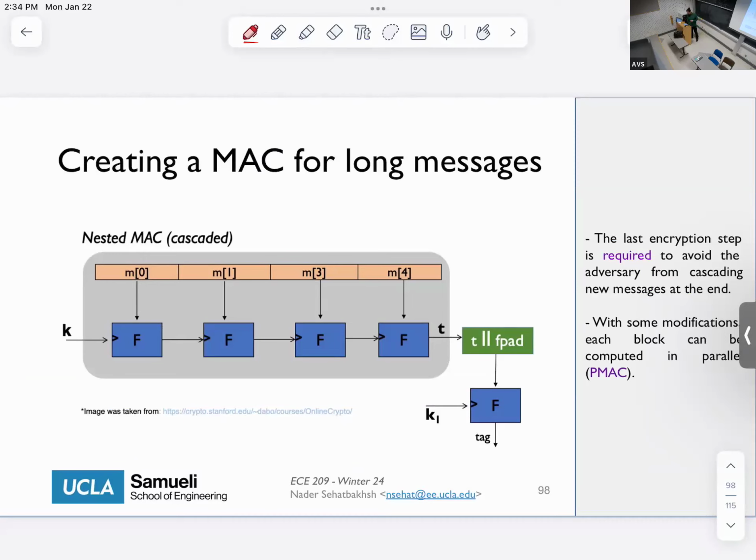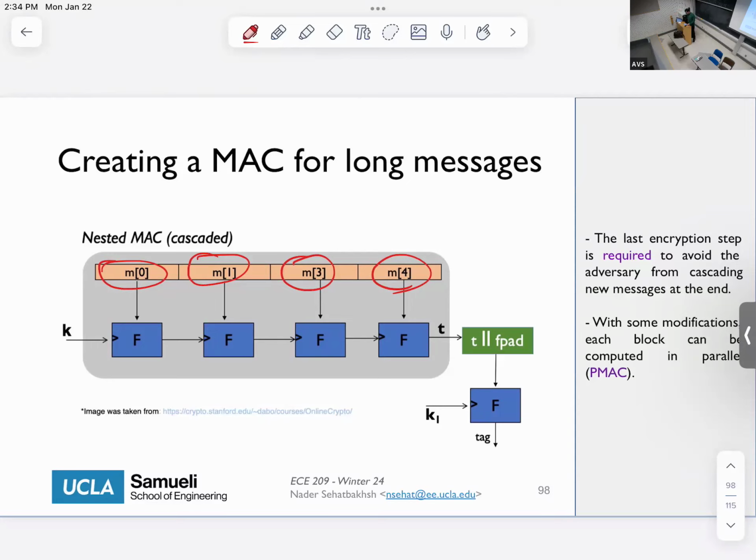One way we do this is what we call nested MAC, NMAC, or cascaded MAC. The idea of cascaded MAC is this: let's say I have multiple blocks of message that I want to compute a tag for. I don't need to send a tag for each one. What I can do is treat them as just one giant message and then send one tag for the entire message. Much faster this way, right? So how do I do that?